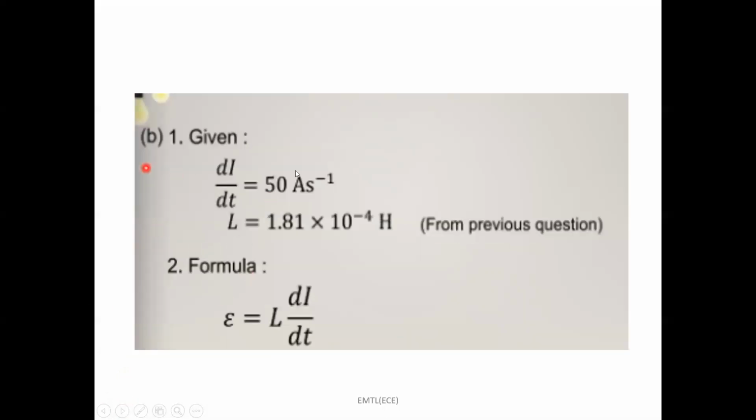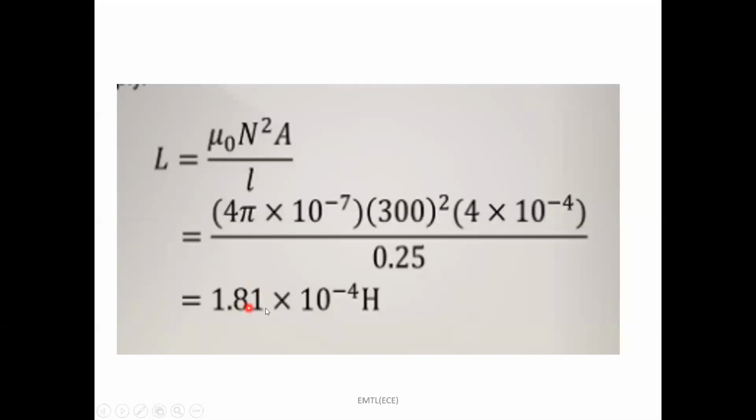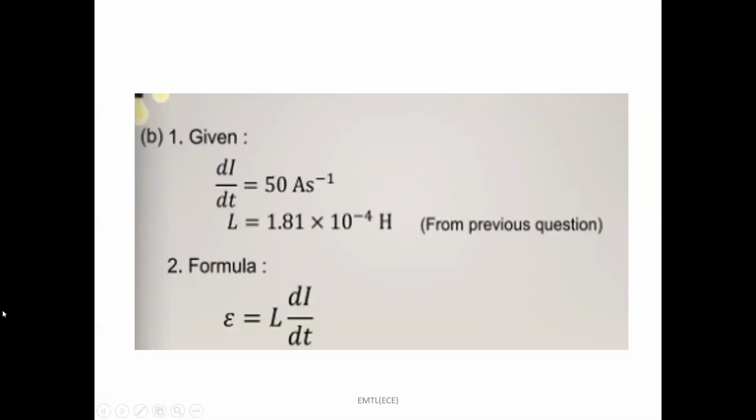So here, the di by dt value is given as 50 ampere per second, and the L value calculated in the previous problem is 1.81 into 10 power minus 4 Henry. So for these values, we have to calculate the induced EMF. The induced EMF is expressed as epsilon is equal to L di by dt. Now substitute the values of L and di by dt.